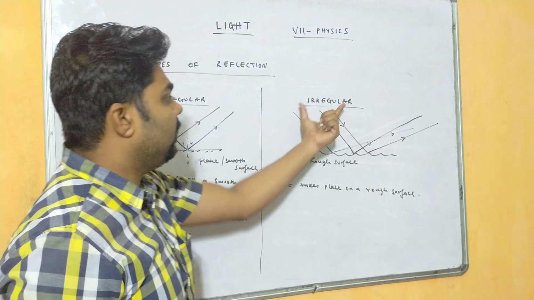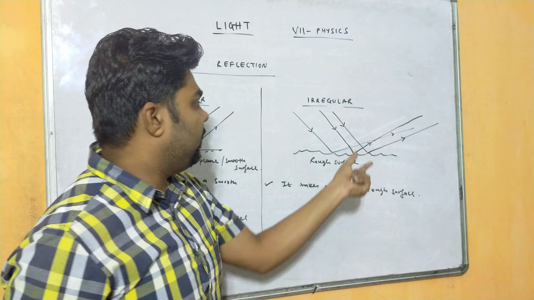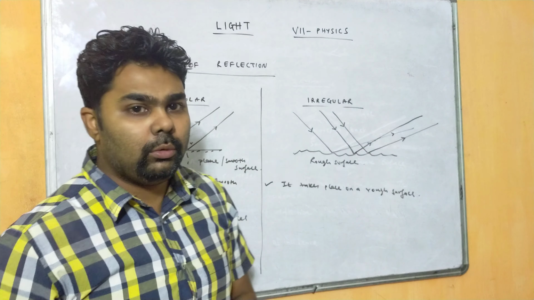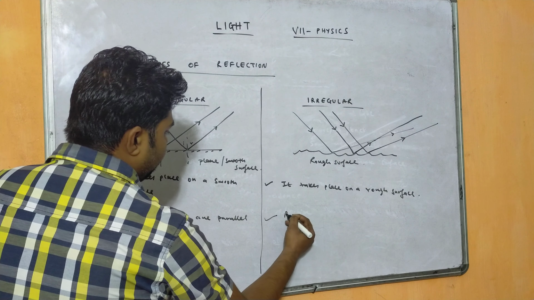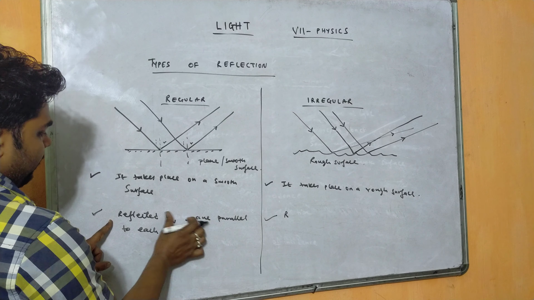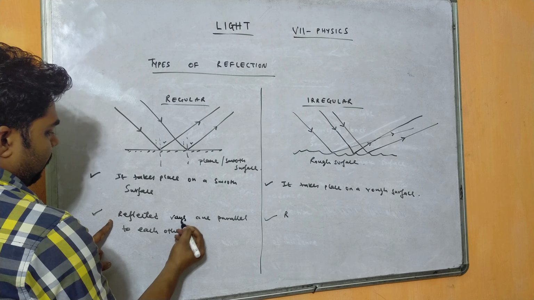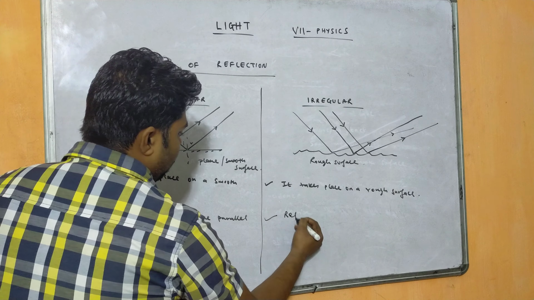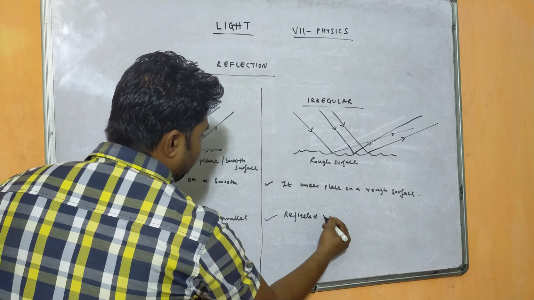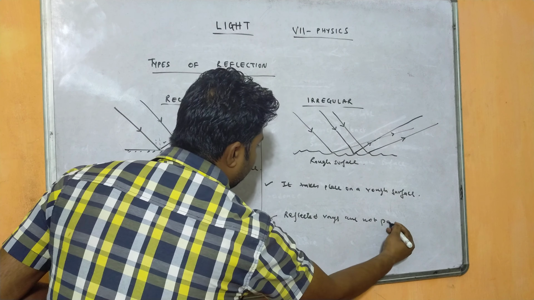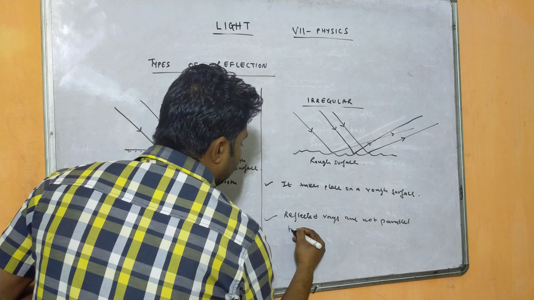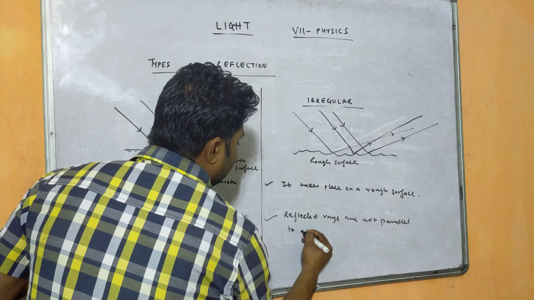But in case of irregular, the incident rays are parallel to each other, but the reflected rays are not parallel to each other. So this point you will write here: reflected rays are parallel to each other in regular reflection, and reflected rays are not parallel to each other in irregular reflection. These are the differences you need to see.